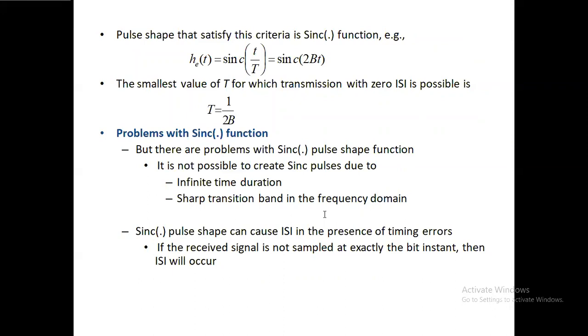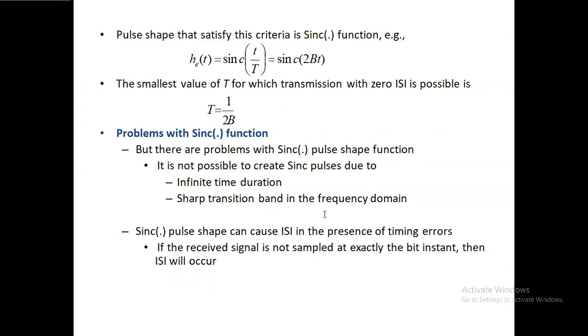Sync type pulses can satisfy this criteria. So sync pulse is in fact the ideal Nyquist pulse, and the duration of this sync pulse is 1 by 2b. So the duration of this sync pulse is 1 by 2b.